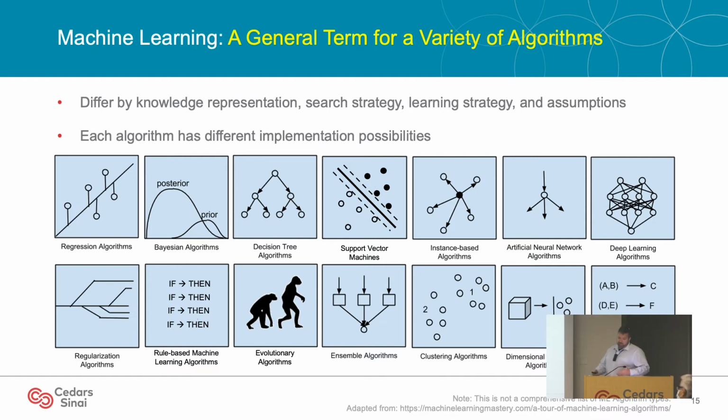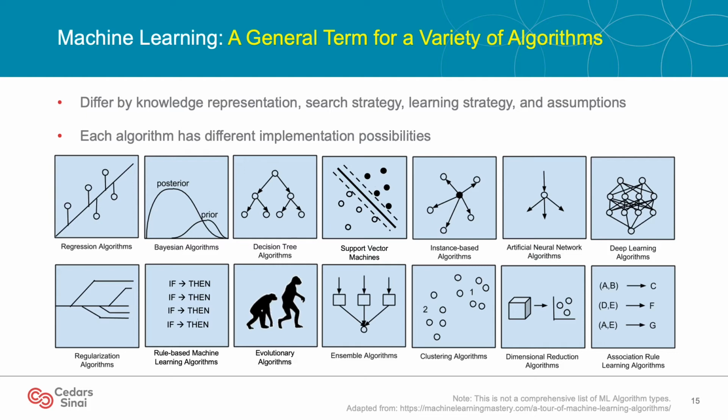Machine learning is, as I mentioned before, a general term used for a variety of algorithms. These different cartoon illustrations are meant to very generally illustrate families of machine learning algorithms, and there's quite a diversity. They differ broadly by how they represent knowledge, the search strategy they use, the learning strategy they use, and the assumptions they make.